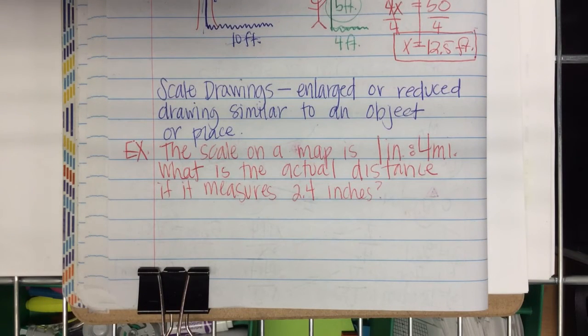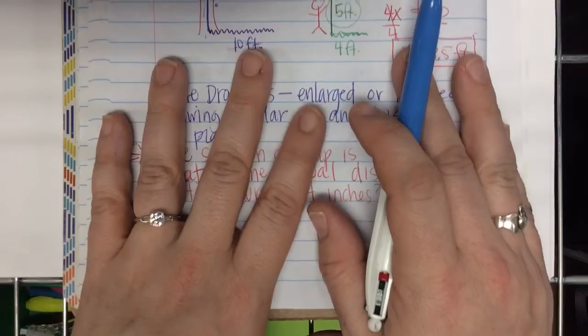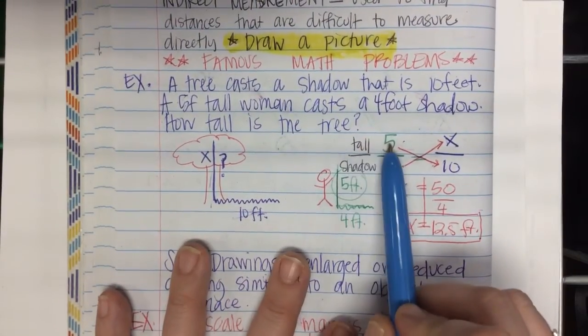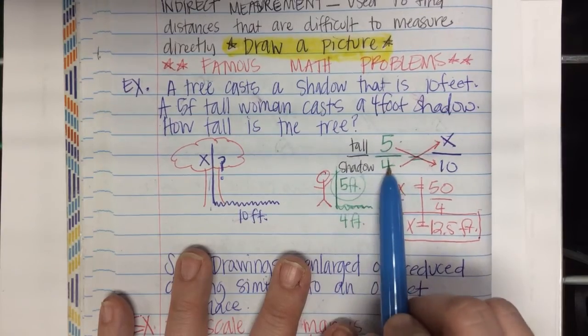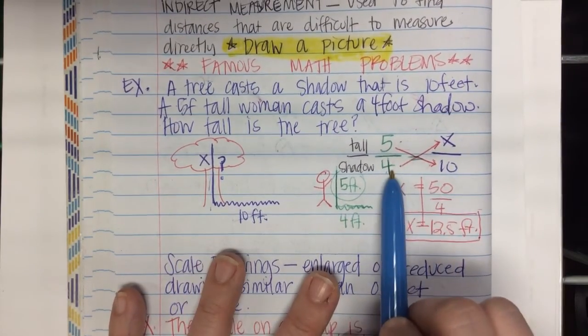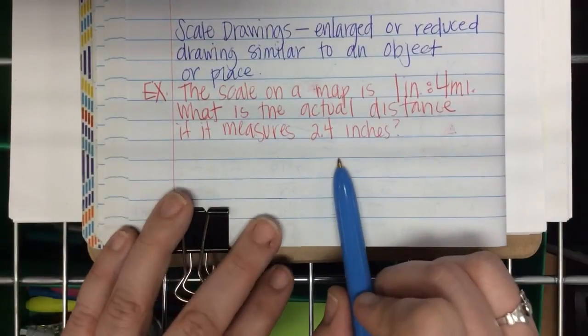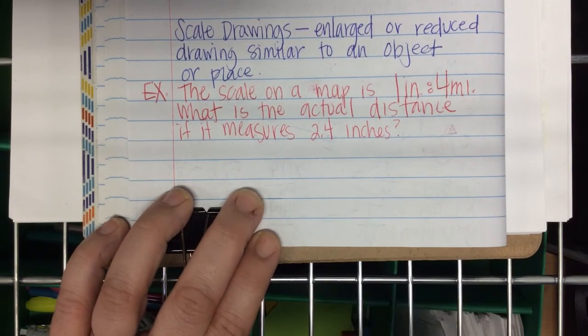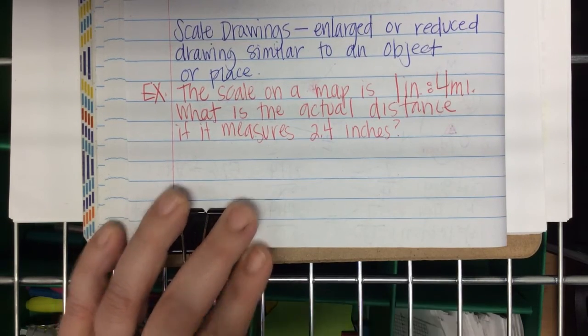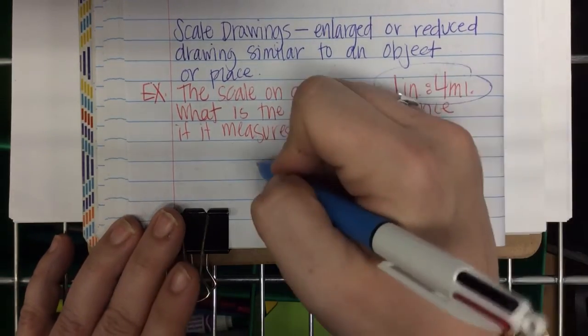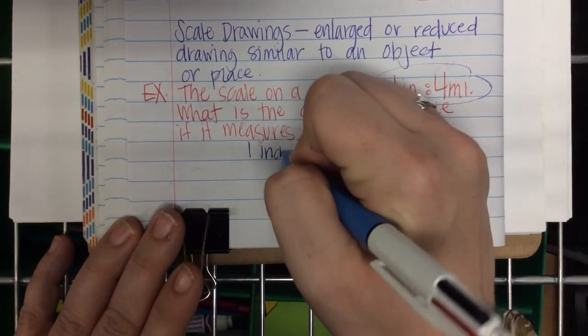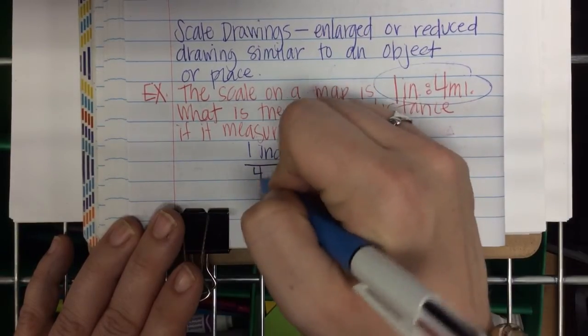And I really like these problems because they're pretty easy because we've always practiced, like up here, we had to make sure that the tall and the tall measurement were both on the numerator, and the shadow were both in the denominator. Well, here, I want my same labels in the numerator and my same labels in the denominator. So my first, 1 inch represents 4 miles.